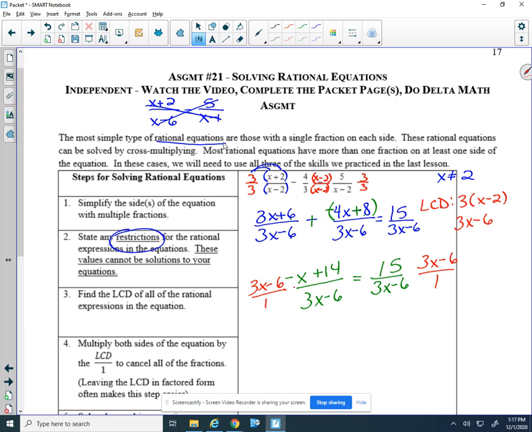We know when we multiply, we can cancel anything from the numerator to the denominator. What this does in effect is cancel out the denominator on each side, leaving me with an equation that does not have rational expressions anymore. So I'm just going to write down what's left.